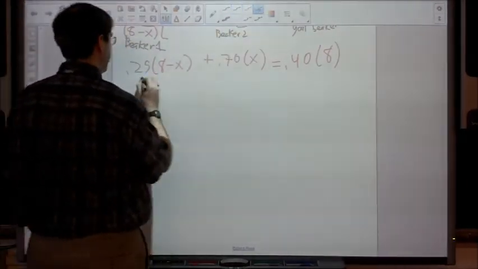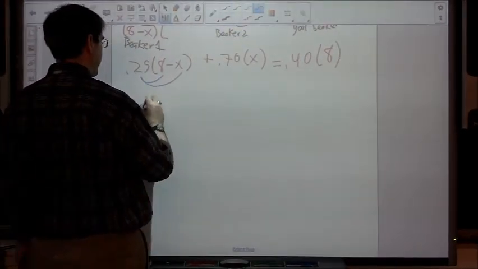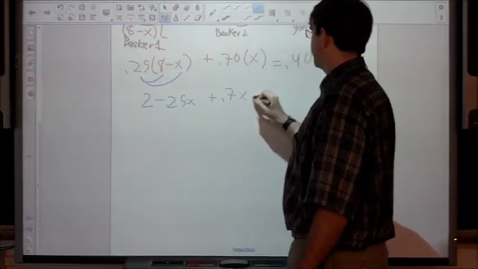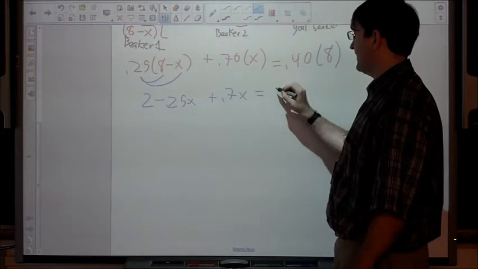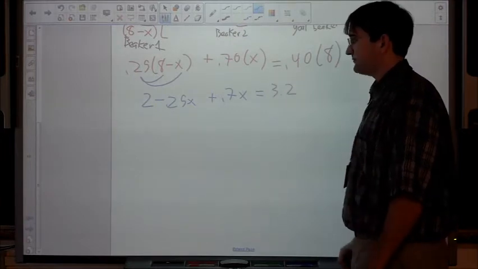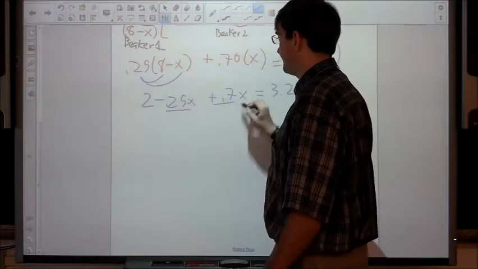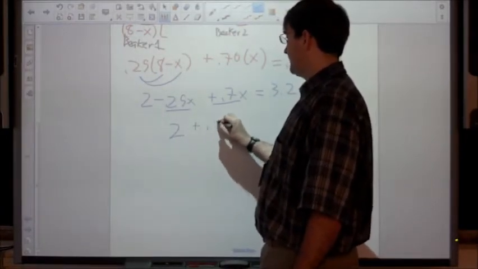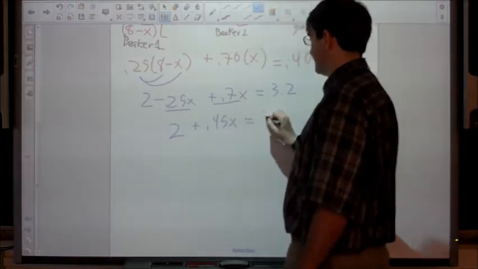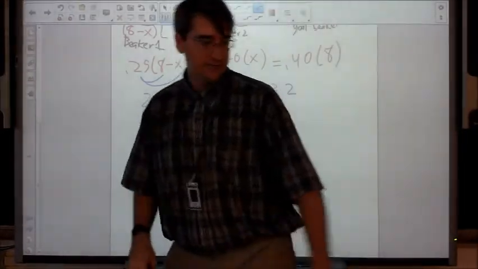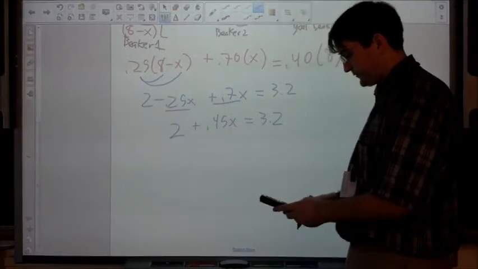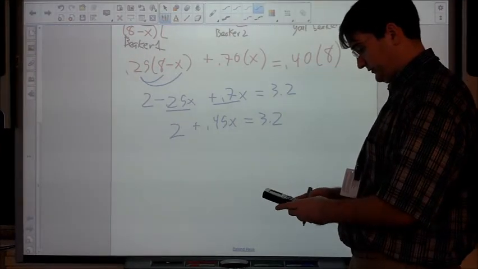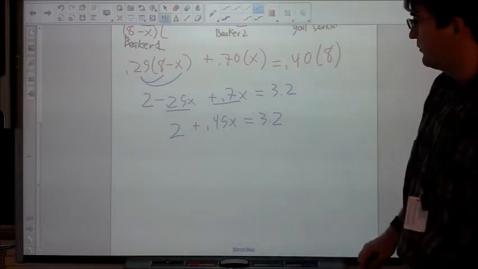0.25 distributed across those parentheses, we get 2 minus 0.25x plus 0.7x equals 0.4 times 8, which is 3.2. Combine the like terms, I get 2 plus 0.45x equals 3.2. Let me check that my math is right: 0.7 minus 0.25 is 0.45, so that works out.